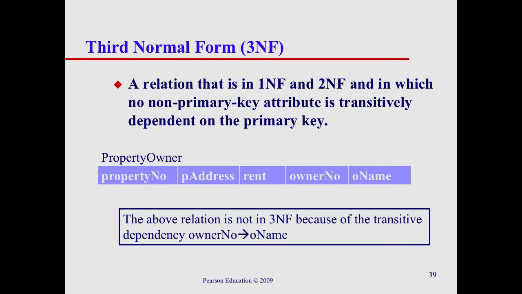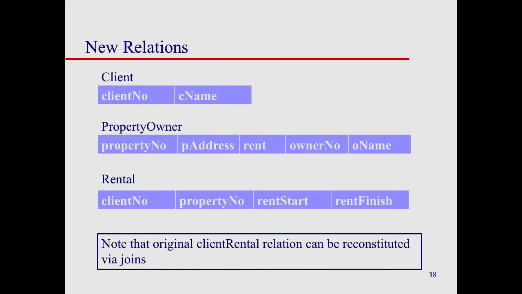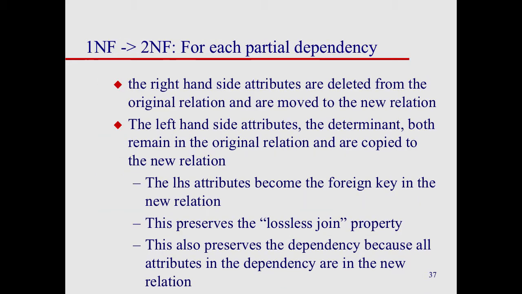Any set of attributes involved in a transitive dependency, those attributes are copied off into a new relation. It's the same principle that I just outlined for partial dependencies, just replace partial with the word transitive.